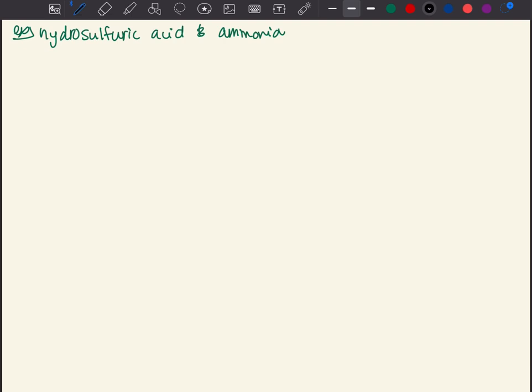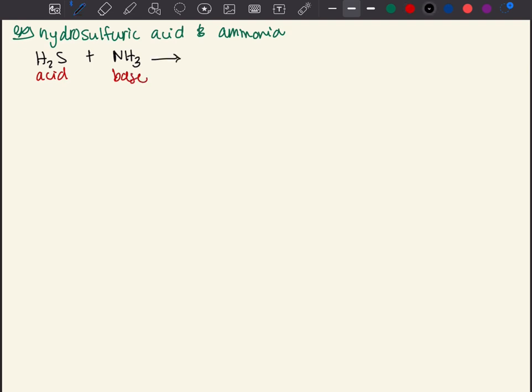So just like before, the first thing I want to do is write it out. So I have H2S for my hydrosulfuric acid and NH3 for my ammonia. Now I know that hydrosulfuric acid is my acid and ammonia is going to be my base.